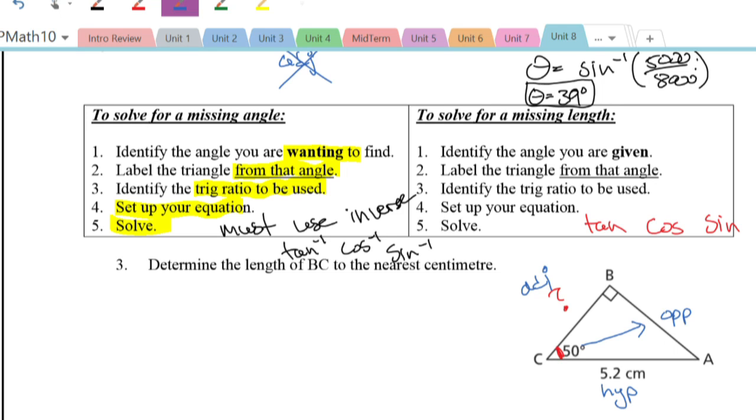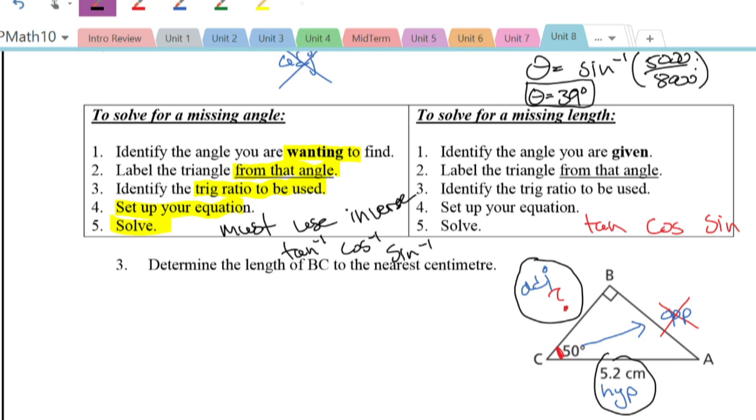I'm always going to have two sides that I either need or have. In this case, I have the opposite, but I don't need it. I'm not trying to find it, and it's not given, so it's of no use to me in this particular example. So what side do I have? Well, I have the hypotenuse, and I'm trying to find the adjacent.